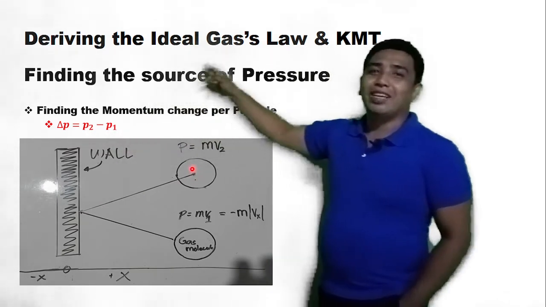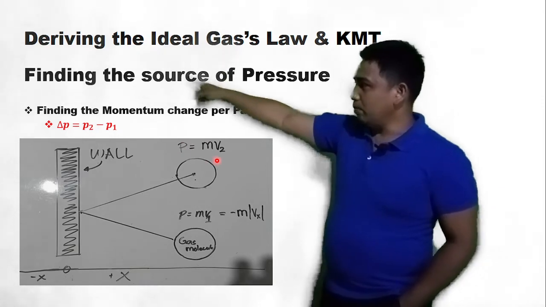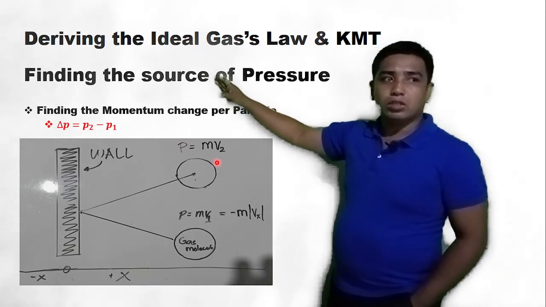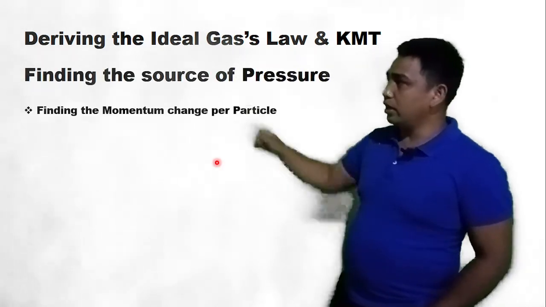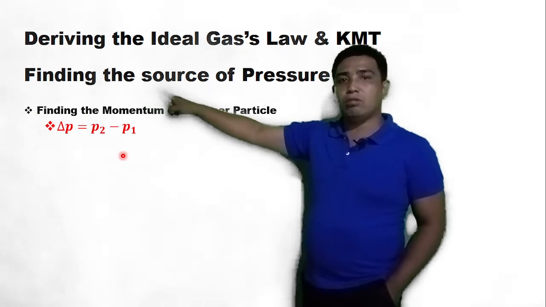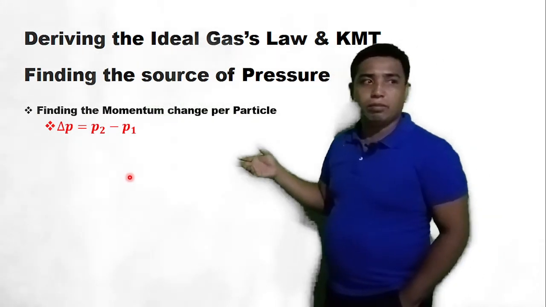Alright, so there is a change in momentum, and P2 is equivalent to mv2. The total change in momentum is given by delta P. According to our formula, delta P is equivalent to P sub 2 minus P sub 1, the final momentum minus the initial momentum.